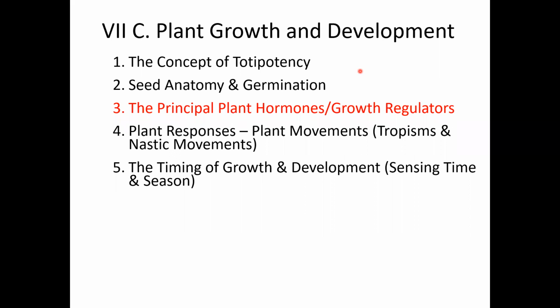But now the principal plant hormones and growth regulators. We're going to find out in the next slide at the bottom left, which is a concept slide, that there's 3 primary sets of control factors, and it has to do with chemical substances, that's the hormones and the regulators, environmental factors, and the genes.